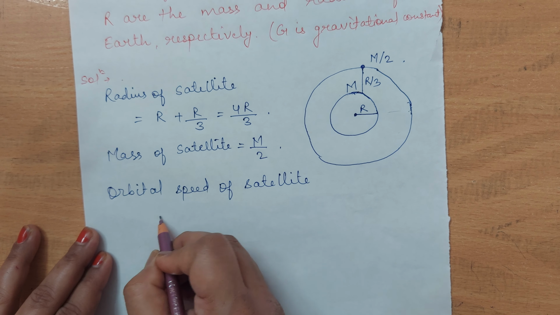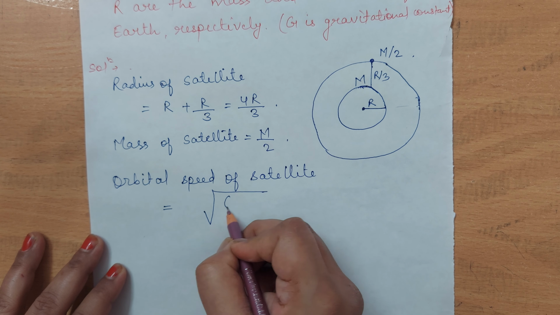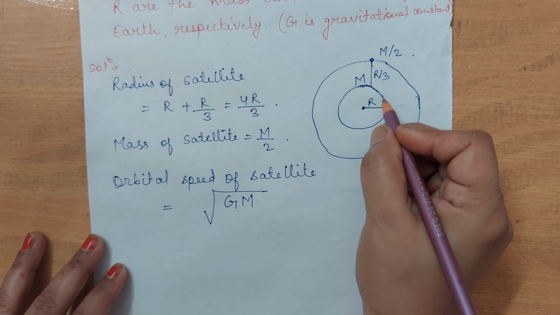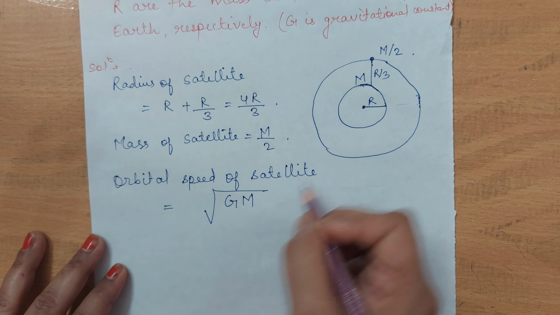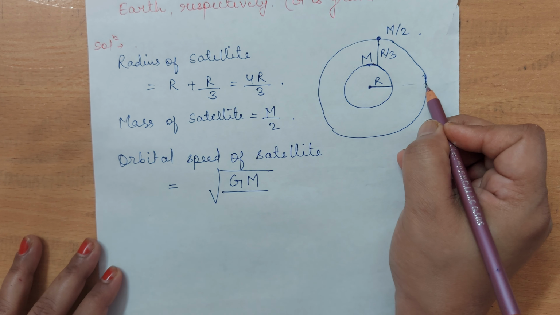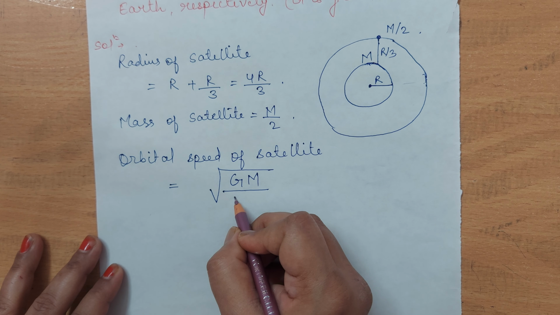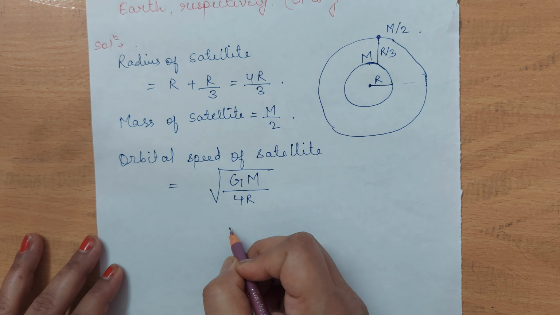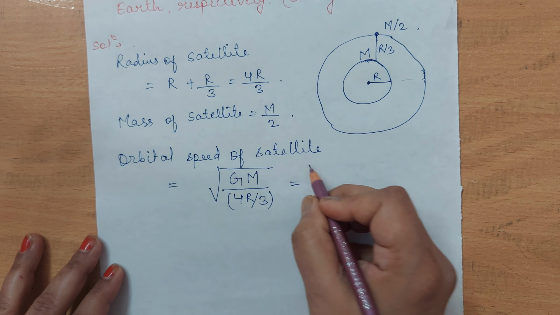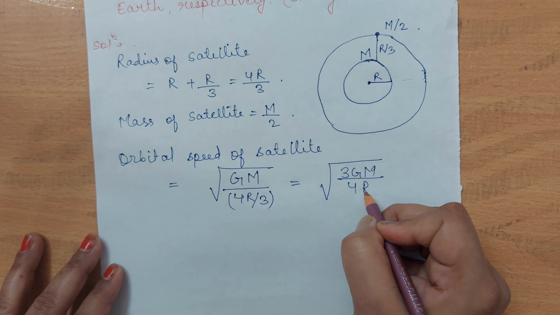We know the formula to calculate orbital speed is equal to root under capital G, capital M, where M represents the mass around which the satellite is revolving, and this is the mass of the Earth, divided by the distance of the satellite from the center, which is 4r by 3. So orbital speed is equal to root under 3GM by 4r.